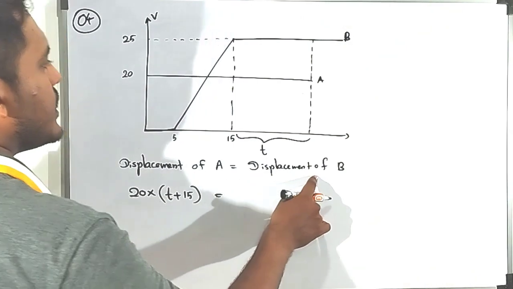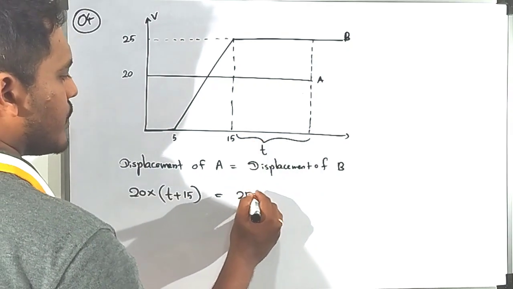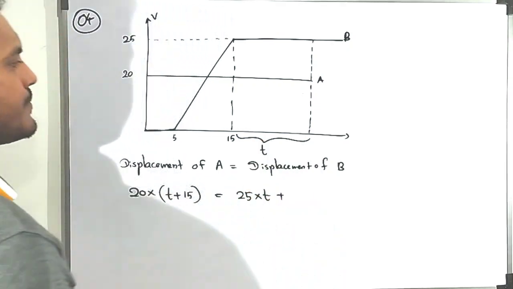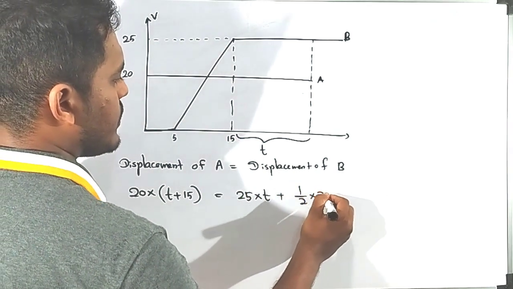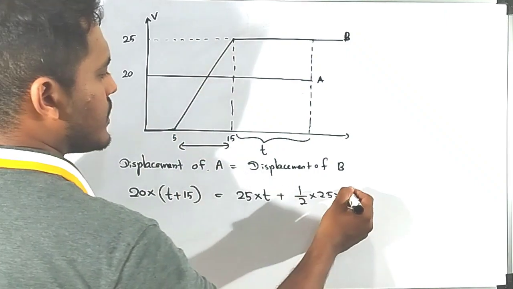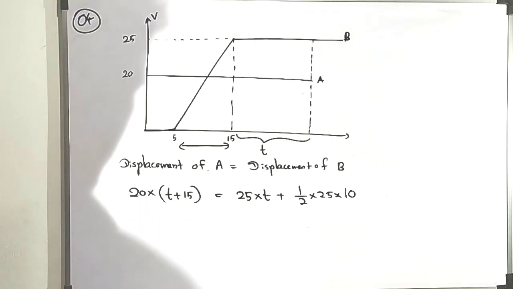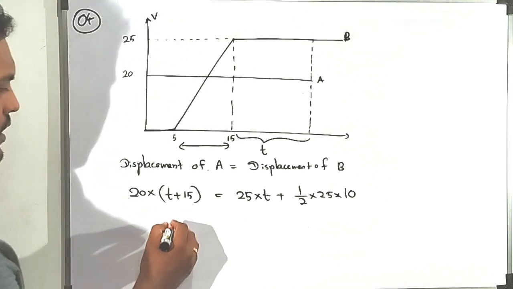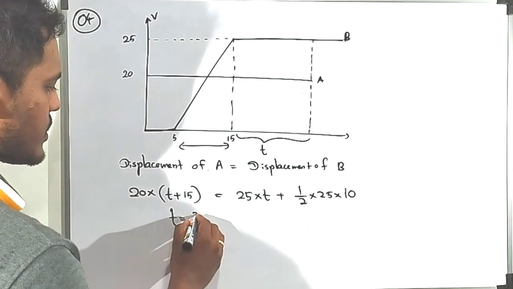This equals displacement of B, which equals 25 into T plus half into 25 into 10. Then T equals 35 seconds.